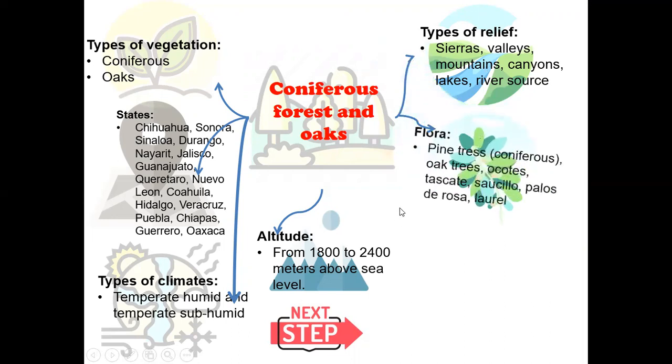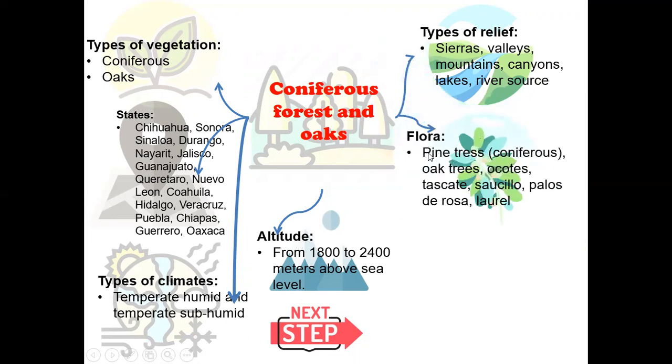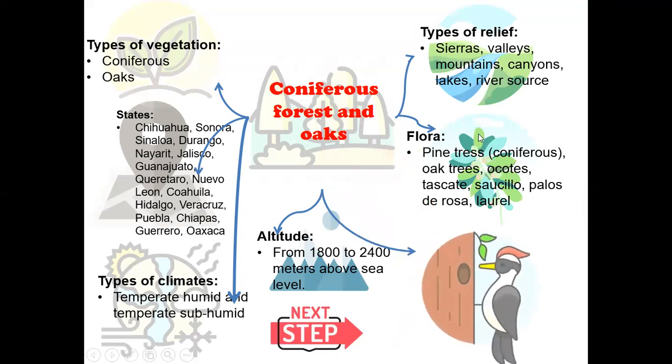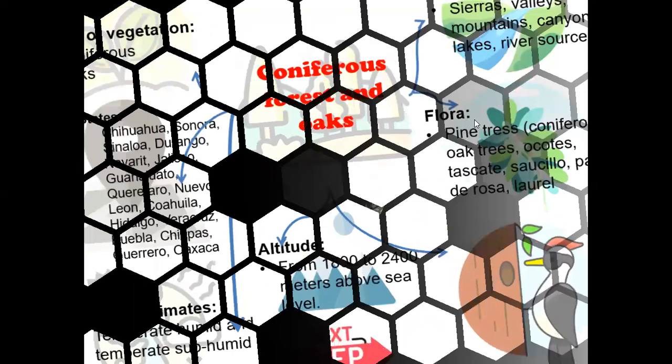For the flora that we will find in these places, it includes all types of pine trees. Sorry, I misspelled this one. It should be pine trees, coniferous forest, oak trees, of course. And we have a wide variety of local trees and plants, such as ocotes, tascate, saucillo, palos de rosa, laurel, etc. And finally, for the fauna, let me show you really quick how the flora looks.